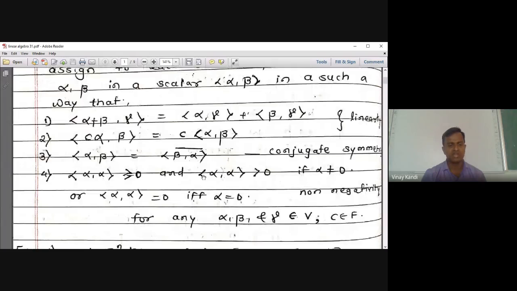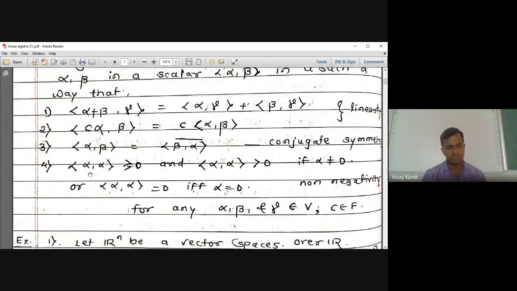The fourth property concerns the inner product of alpha with alpha. If the two vectors are the same, then the inner product of alpha and alpha is greater than or equal to 0, hence non-negative. And the inner product of alpha and alpha is greater than 0 if and only if alpha is not equal to 0. Here it is an if and only if statement.